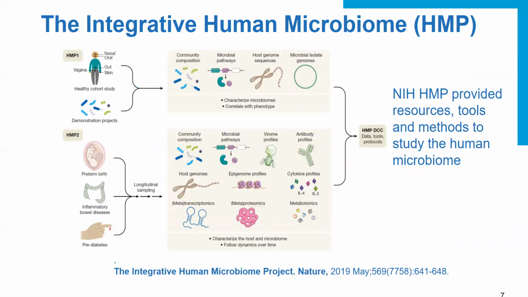The NIH Human Microbiome Project has been carried out over 10 years, and there are two phases of the integrative human microbiome project. The first phase looked at healthy cohort studies and isolated the microbiomes from different conditions, and led to a lot of resources and data available, and tools and protocols to study the human microbiome.